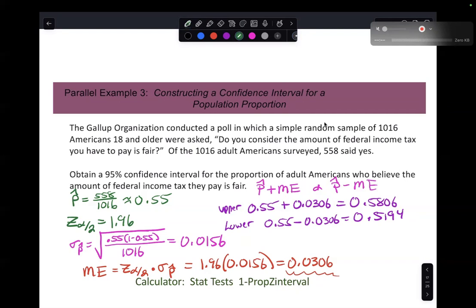I'm going to put the two ways of writing it up at the top because I'm kind of out of room. So I can either write it like this, or I can write it like this.